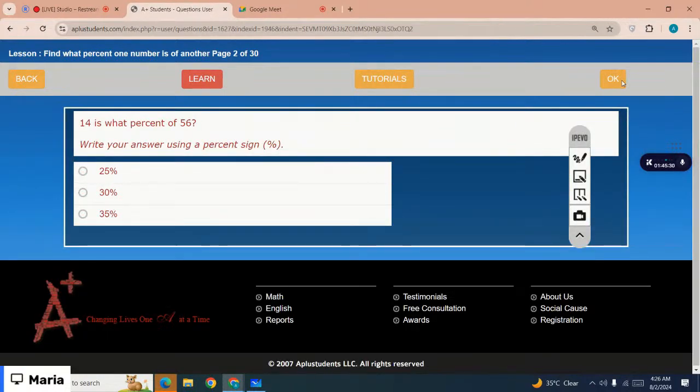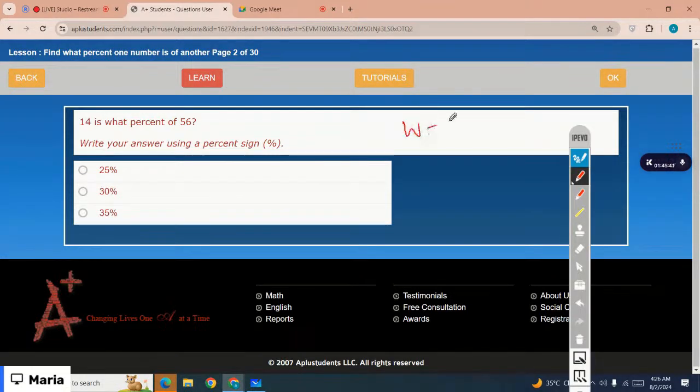Okay, 14 is what percent of 56? So 56 is the whole number and 14 is the part, right? So that is 14 divided by 56 equals n over 100. So simply solve it for n, that is 14 times 100 over 56. 25% it is, right?